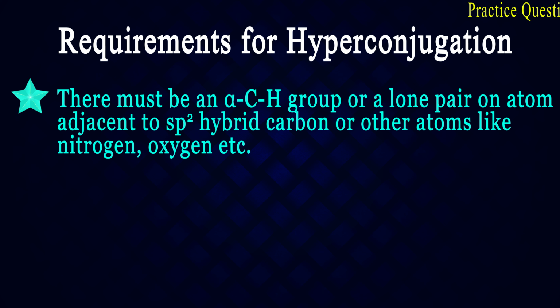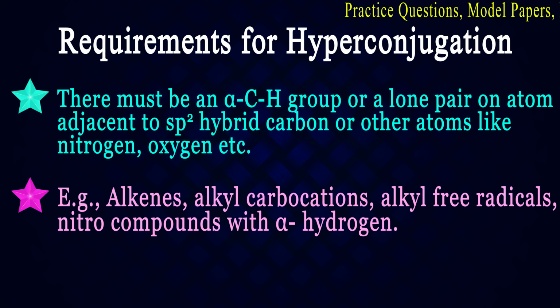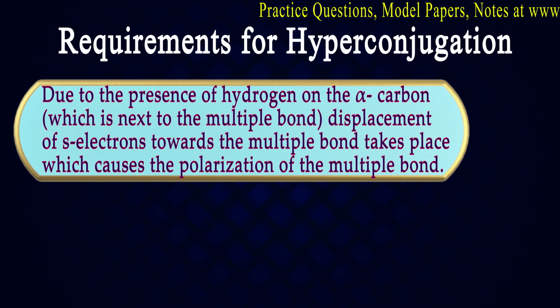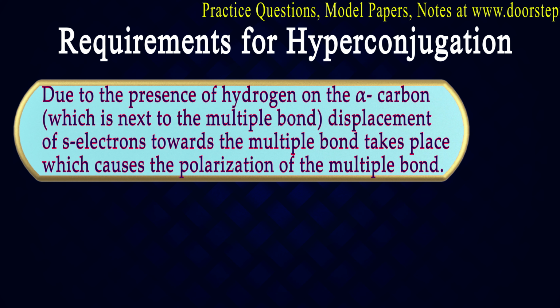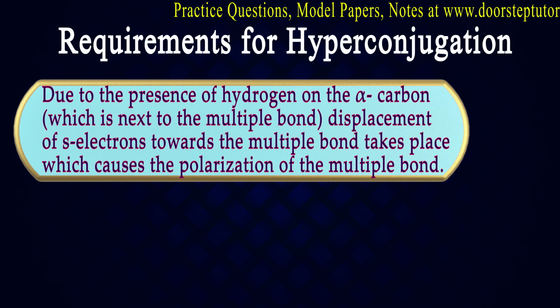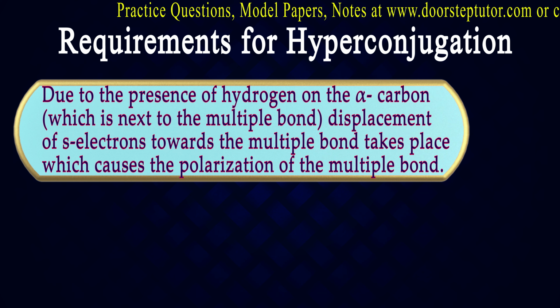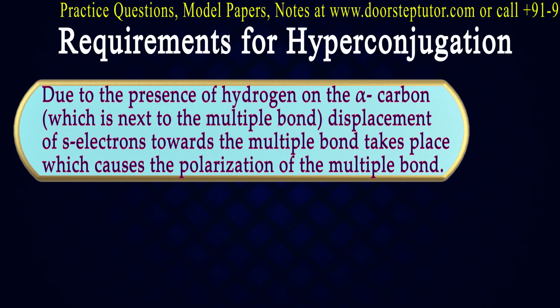The molecules which have an alpha CH group are alkenes, alkyl carbocations, alkyl free radicals, and nitro compounds with alpha hydrogen. Due to the presence of hydrogen on the alpha carbon, displacement of sigma electrons towards a multiple bond takes place, and this causes polarization of the multiple bond, which we have seen in the hyperconjugation structures of toluene and propene.